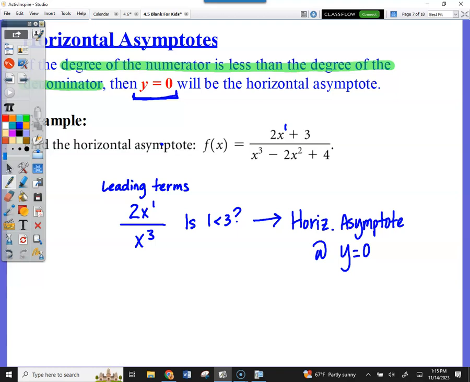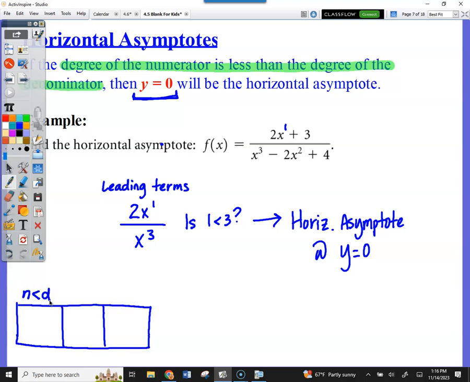That's it. Now, there's 3 scenarios, and this is kind of what I was getting into when I said that you should organize it by 3 scenarios. You've got when the numerator is less than the denominator.